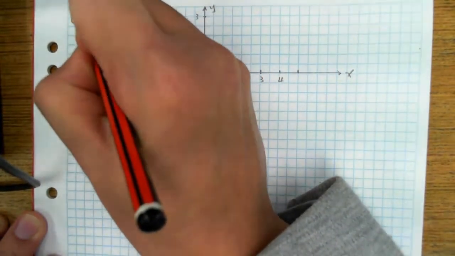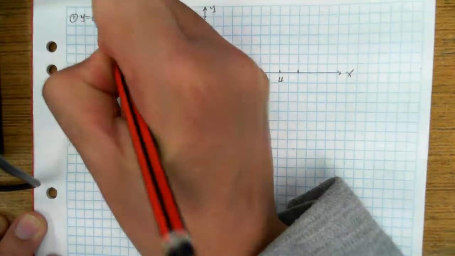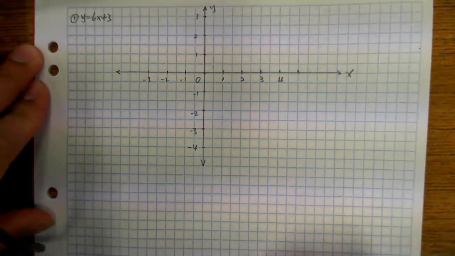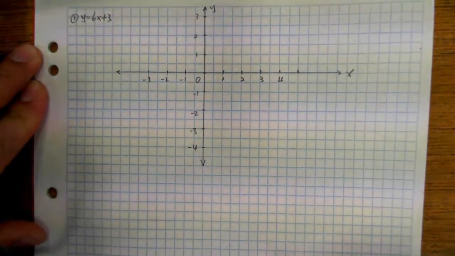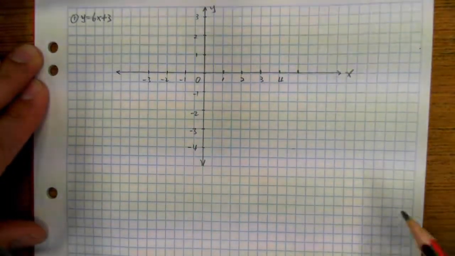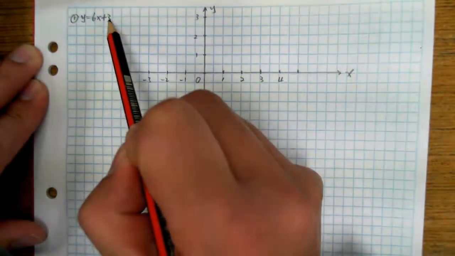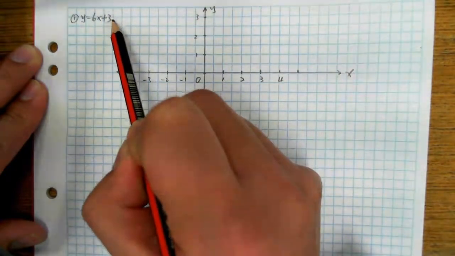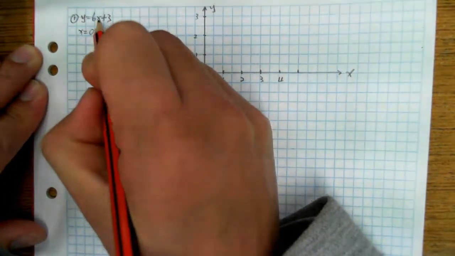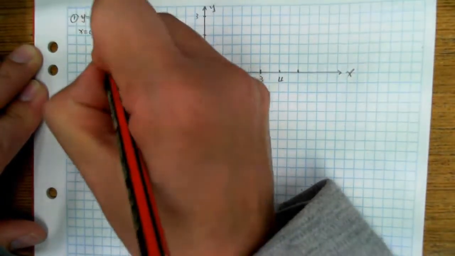So y equals 6x plus 3. Alright, so last time we said for the intercept to plot a graph, we have to find an x-intercept and a y-intercept. So for the y-intercept, what we said when x equals 0. So if x equals 0, y equals 3.